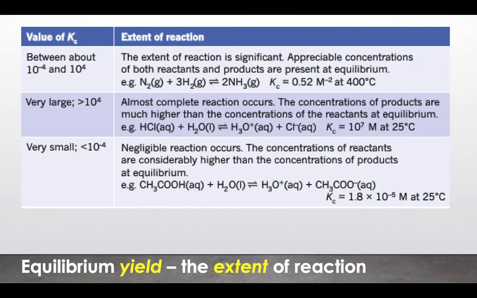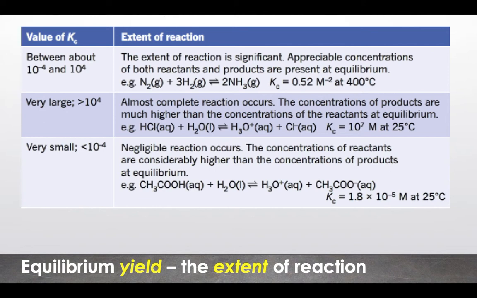Okay. So another good thing about Kc is that by recording the Kc for a particular reaction at a given temperature, we're able to know if this equilibrium mixture is going to have a lot of products or a lot of reactants. That's very important for industrial production.